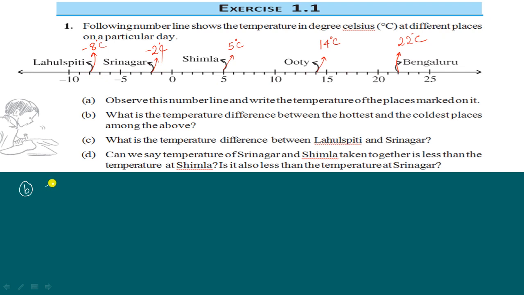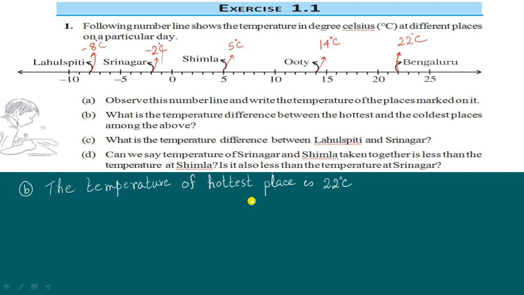Therefore, we are writing the temperature of the hottest place. The temperature of the hottest place is 22 degrees centigrade.